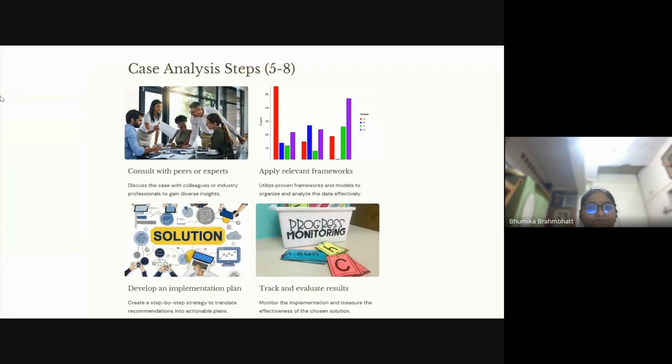Next, the other steps I mentioned: if you are having any problem with any case, you should directly ask your co-intern or an expert of that particular field. Not only for case analysis but for article writing and research papers, we should not directly jump in and start giving our opinion as per available research, because all the stuff available online is not relevant.